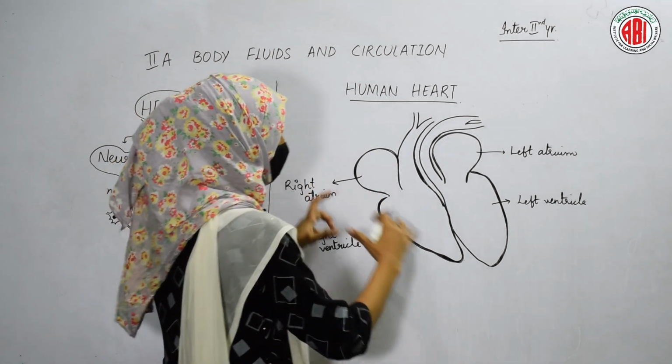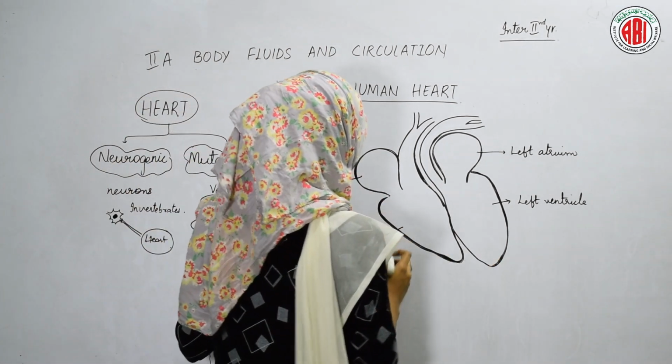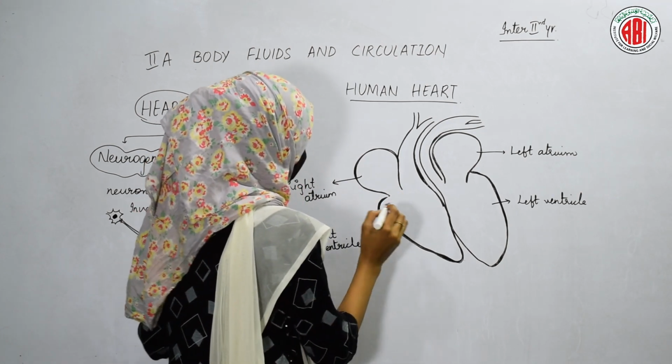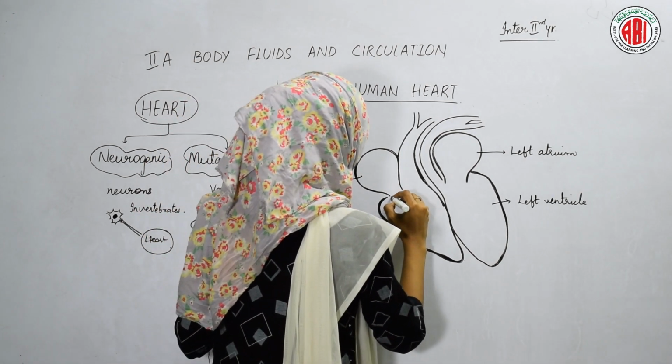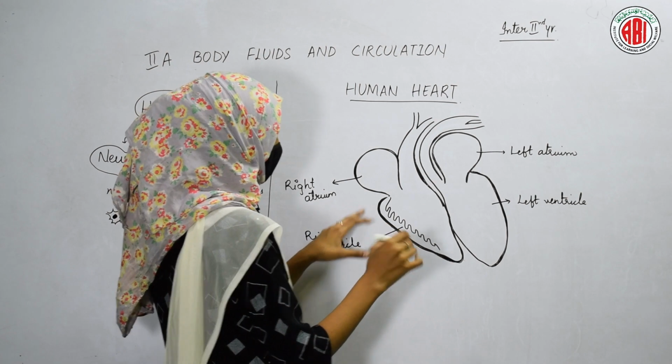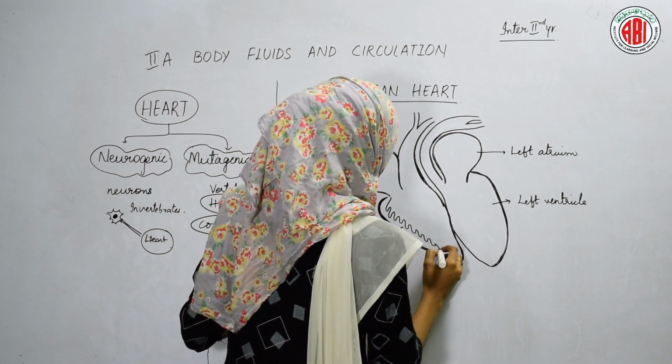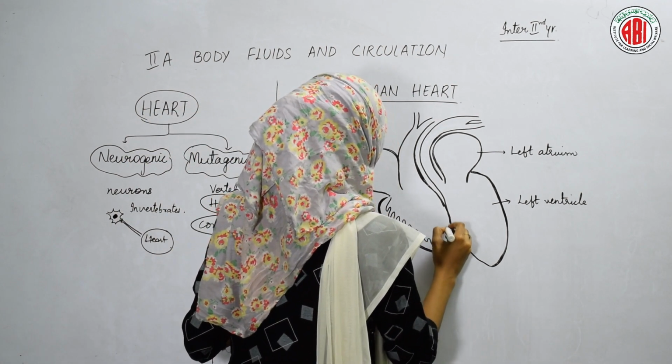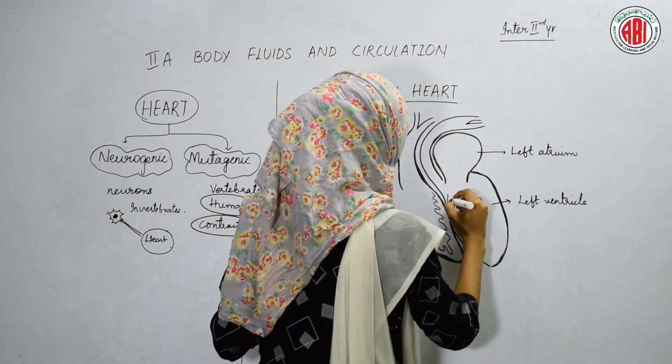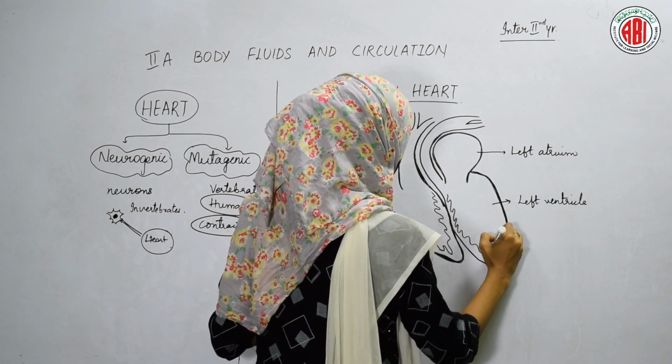We know that outside the heart, the thick covering can be seen, and that covering is called the pericardium. One more covering can be seen in the ventricle region, and that covering is made up of irregular muscles. It is not made up of smooth muscles.